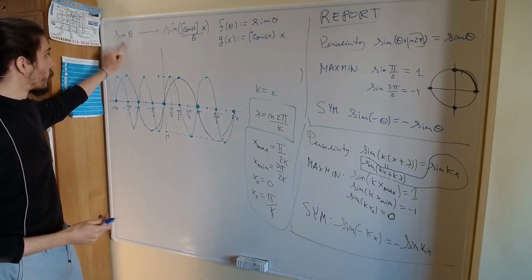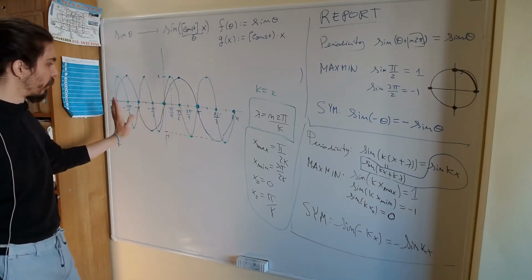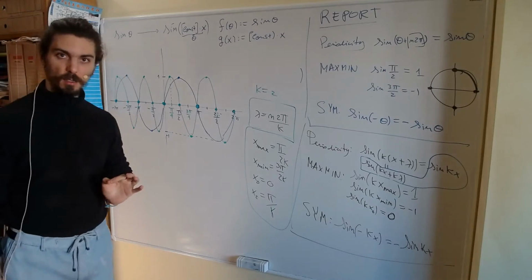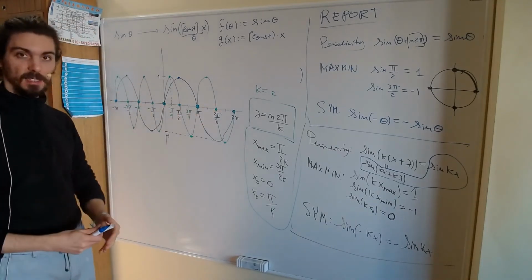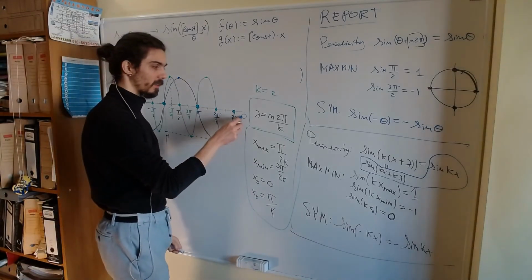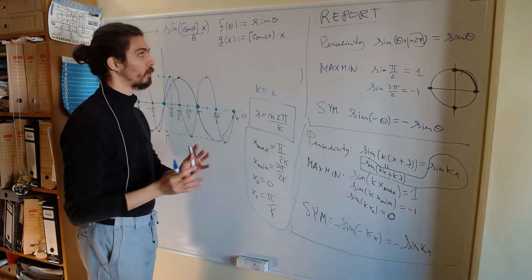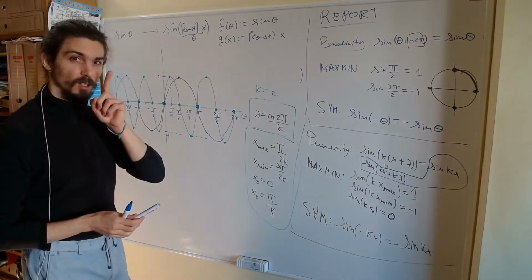We started by drawing the sine of theta, in this graph, the blue curve. But notice, the sine of theta is a function of theta, and so the horizontal axis is theta, in fact. This is the first point you need to understand. The second point is that the transformed function is a function of x, not of theta.